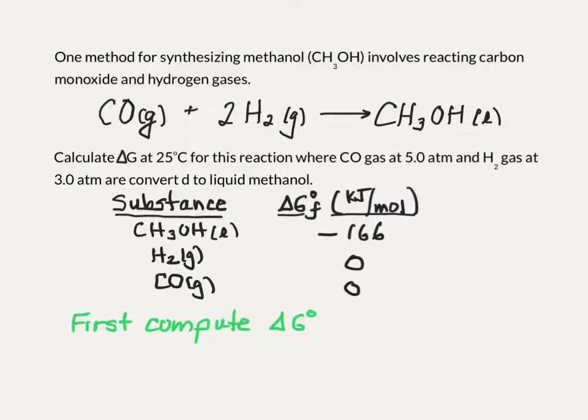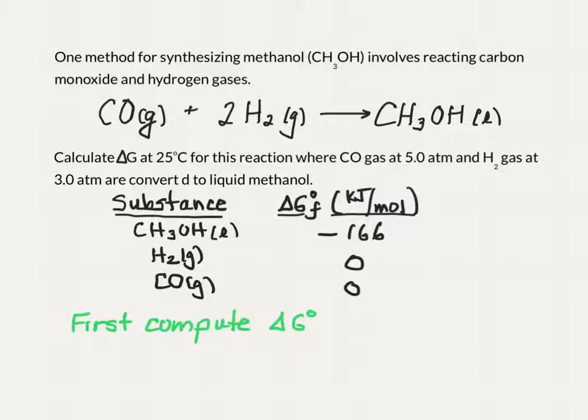So let's just look at a couple of problems. One method for synthesizing methanol involves reacting carbon monoxide and hydrogen gases. There's the equation. We want to calculate delta G at 25 degrees Celsius for this reaction, where CO gas is at 5 atmospheres and H2 gas is at 3 atmospheres, and we convert them to liquid methanol.